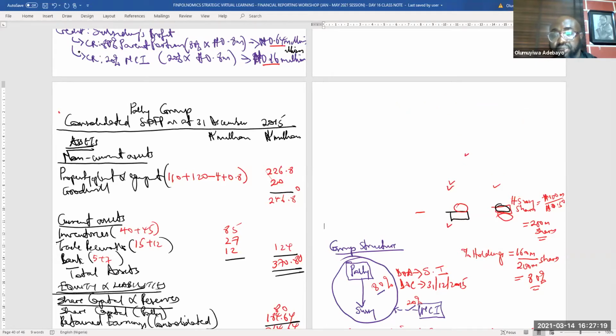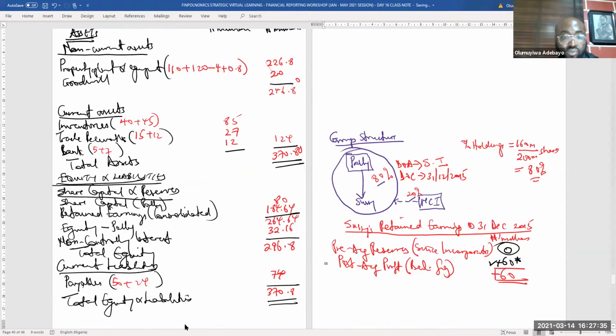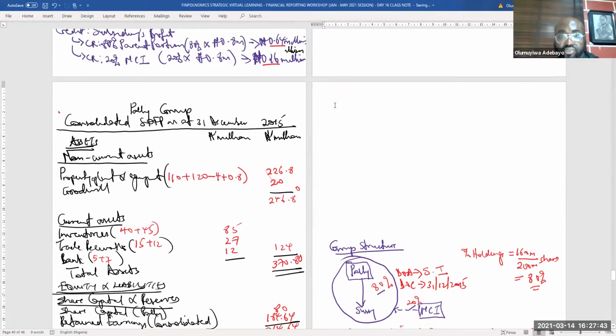Now let me copy the question. Illustration 4.